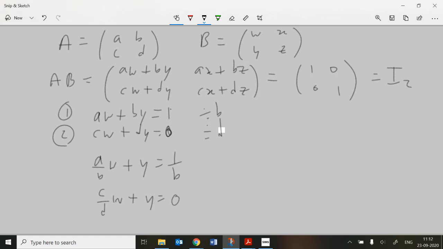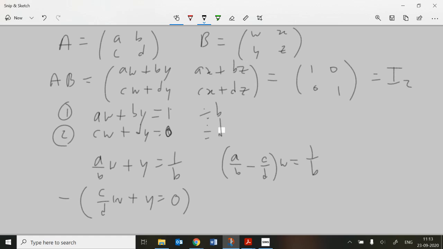Now, if we subtract these lines from each other, so we take the second one away from the first one, we'll end up getting a over b minus c over d lots of w, and the y's are going to cancel, and that's going to be equal to 1 over b.